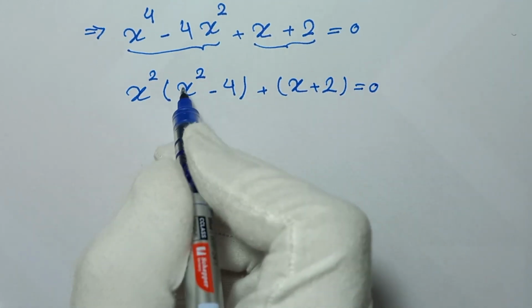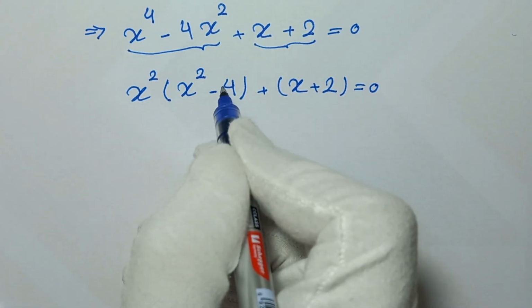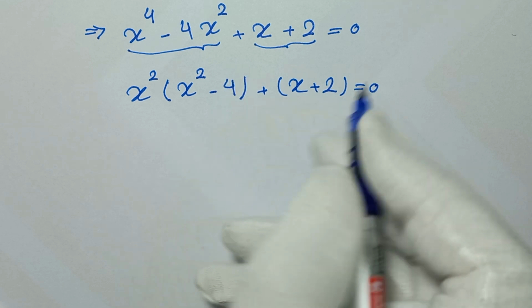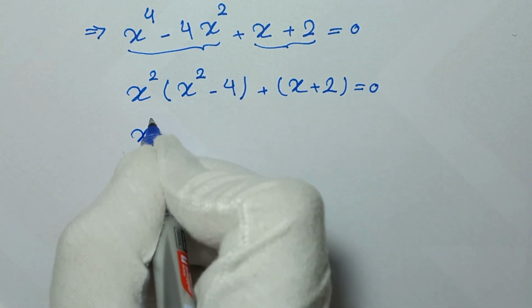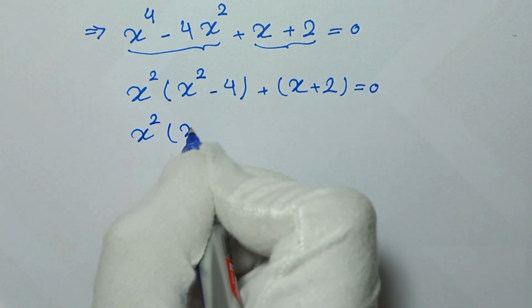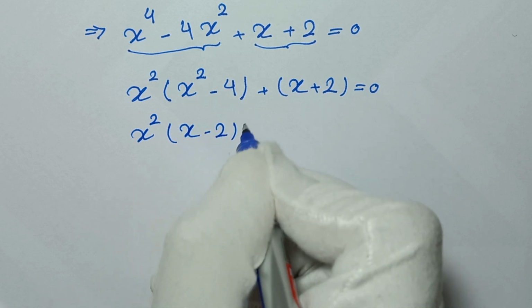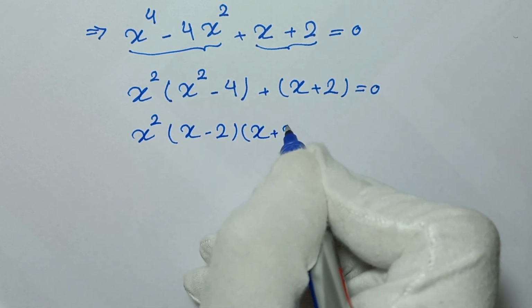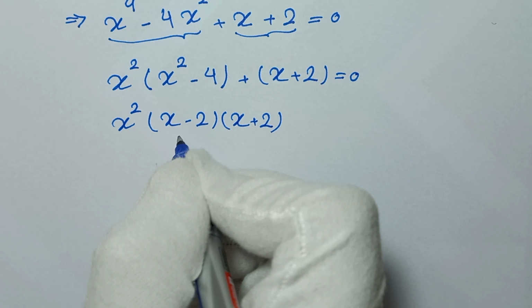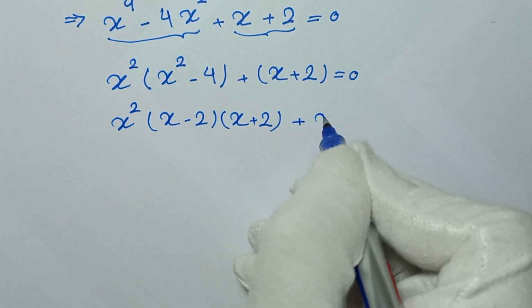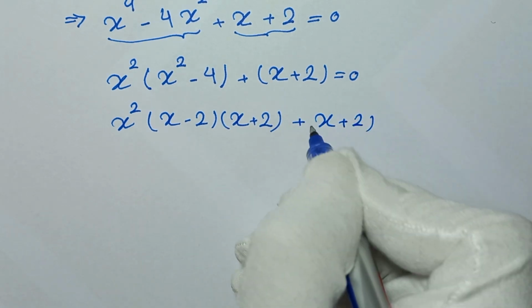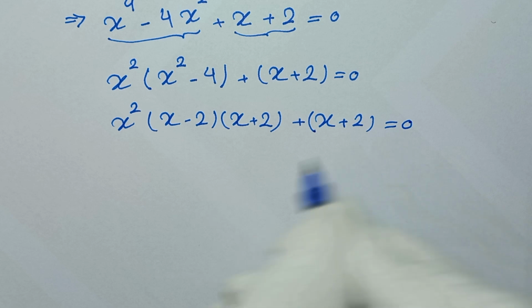Here, this is in the form of a difference of squares, right? 4 is 2 to the power of 2, so we can write this as x squared times x minus 2 times x plus 2, and plus this x plus 2 is equal to 0.